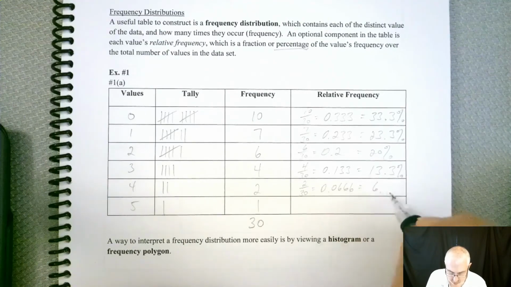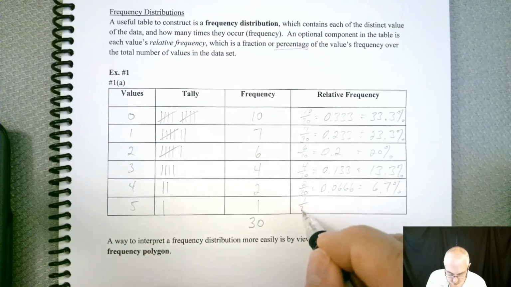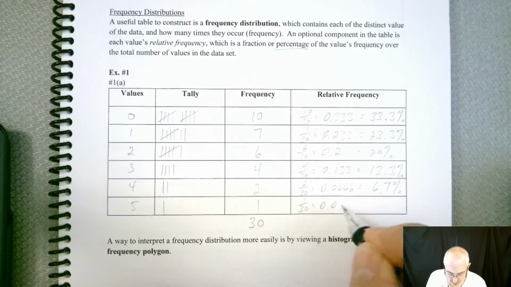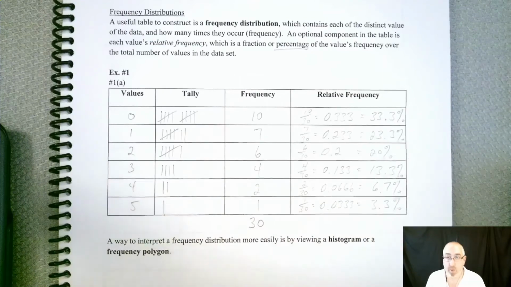So that's 6.7%. And then 1 out of 30, 0.0333. So 3.3%. So not anything too drastic. All of it's calculated work, but you get all of these percentages.